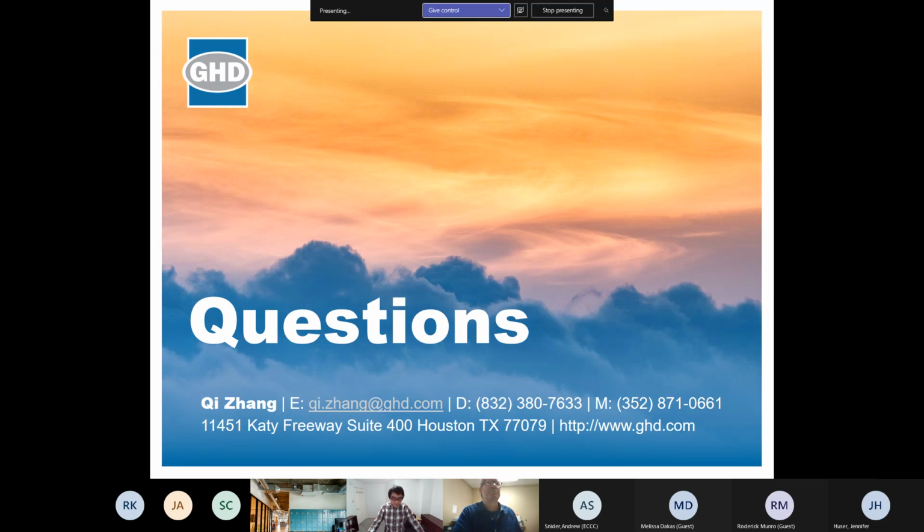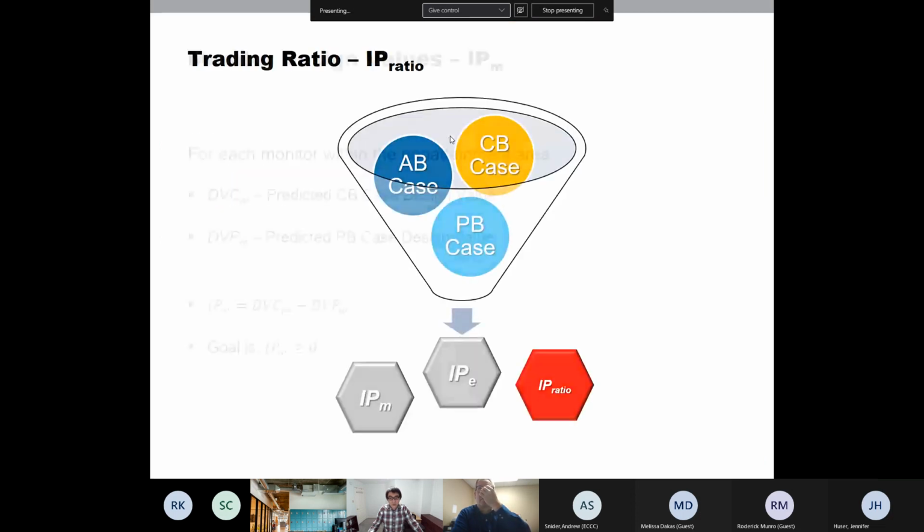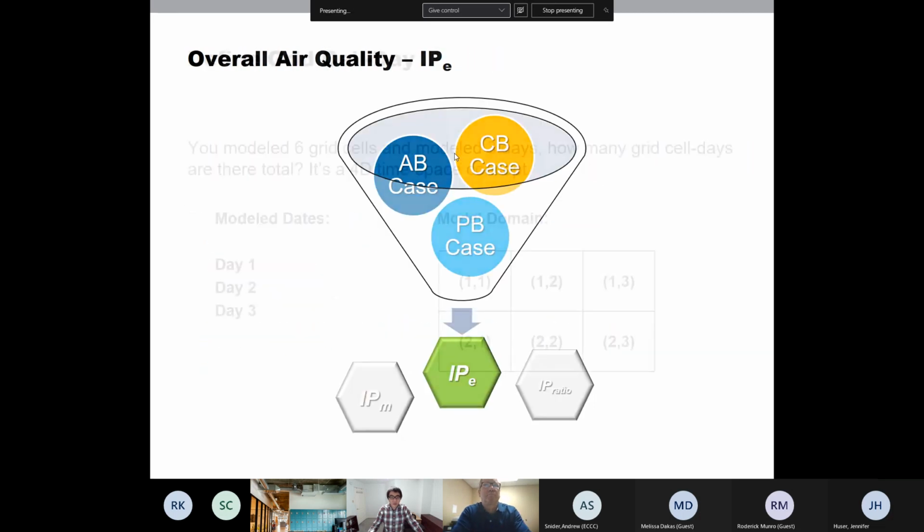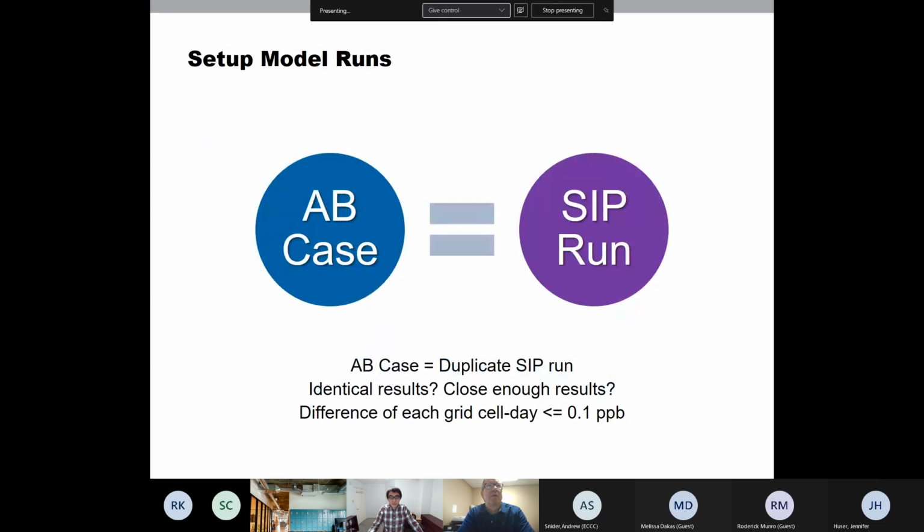For those projects, it's not as intensive as state SIP modeling, which typically requires you to grab all the emissions inventory, process it through SMOKE, process meteorology through WRF, and basically do the legwork for the SIP model. But for these projects, as I mentioned, we are creating them based upon the case that's already been built by the state.